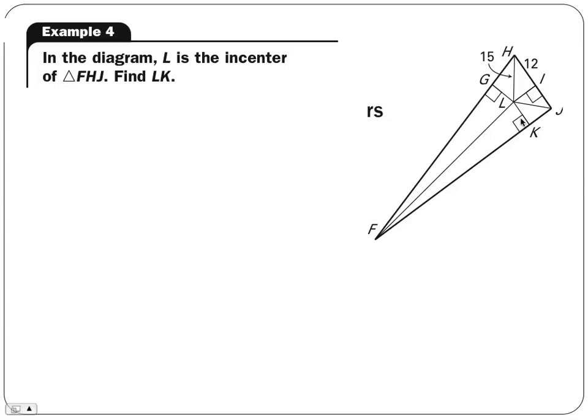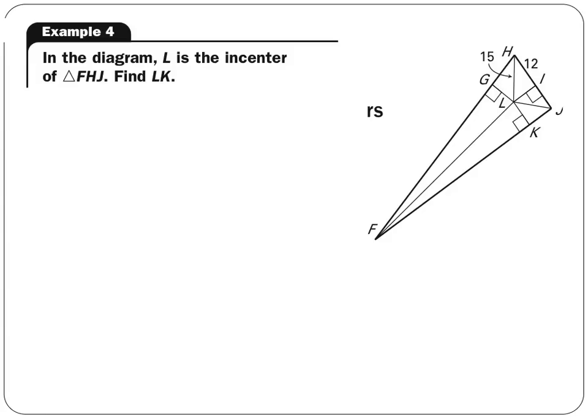So here they're telling us that L is the incenter. So right away you can say, well, if L is the incenter, I know GL, IL, and KL all have to be the same length. What they're asking us to do here is to find LK. So remember, if LK is the same as GL, well, I could use the Pythagorean theorem.